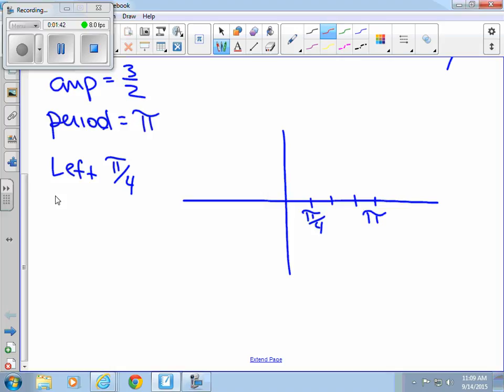And so just stick with the sine for 3/2, which is 1.5. Sine starts at 0, 0, goes up to 1.5, back down to 0, down to -1.5, and back up to 0. And that is 1 period of sine without moving it left.